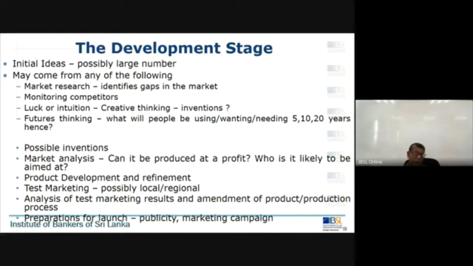If you don't have new products, or modify your existing products, it is very difficult to survive, because people's needs and wants are changing. People become more sophisticated and techno savvy, so we need to change our products as well as services.